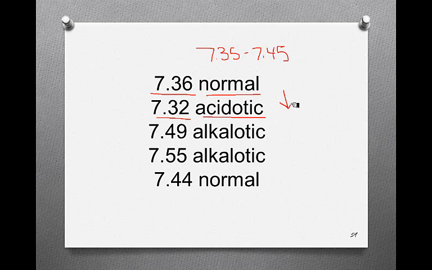Remember, low is acidosis for pH. 7.49 is alkalotic. High is alkalosis for pH. 7.55 is really alkalotic, and 7.44 is normal.